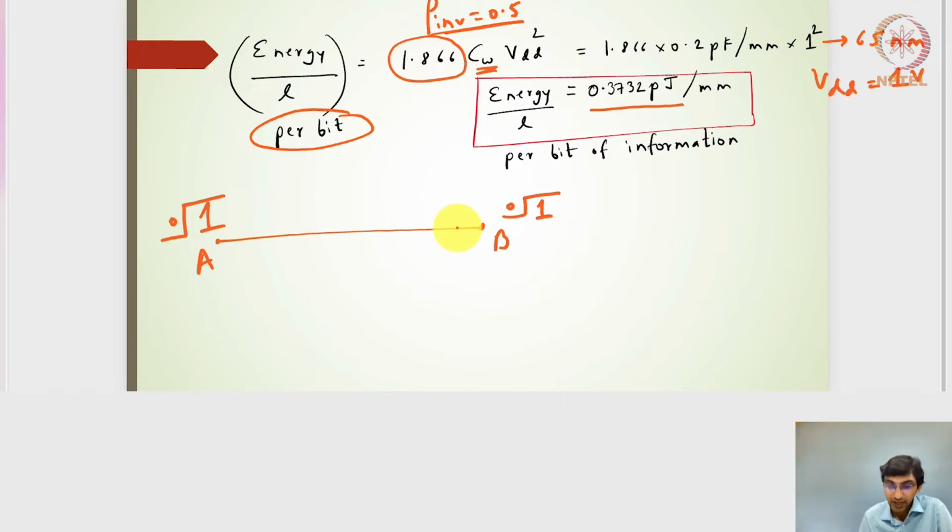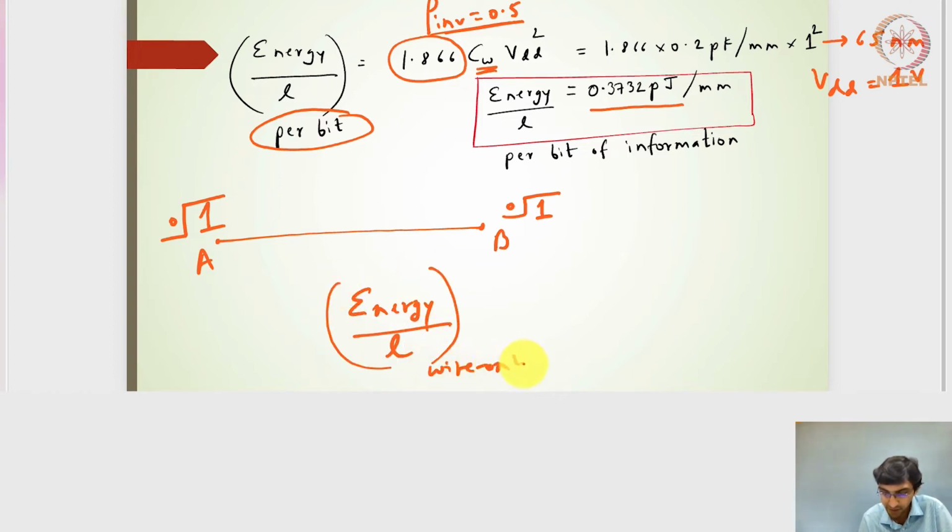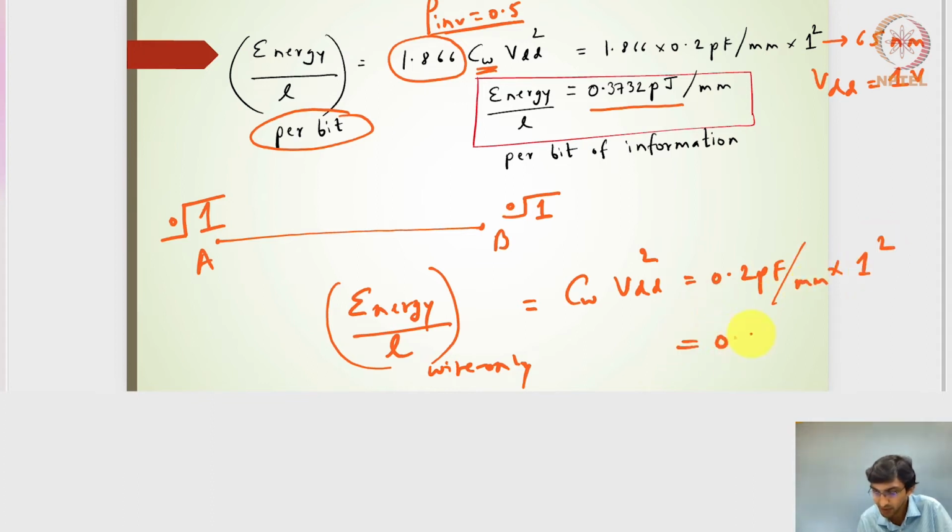If it was only the wire without the repeaters, the energy per unit length for the wire only turns out to be CW VDD square, which is 0.2 picofarad per millimeter multiplied by 1 square, so 0.2 picojoules per millimeter for sending one bit of information.